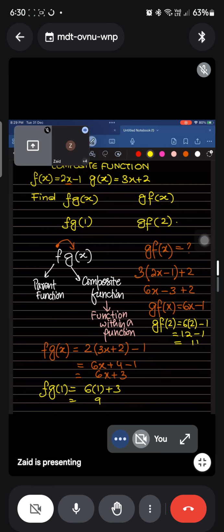We'll practice some more composite functions, and then we're going towards some past paper questions. All of you done? Can you move on?